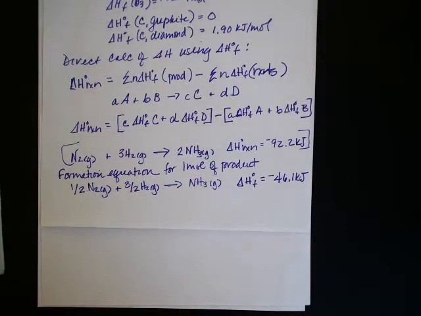And that's going to be important when we introduce the next way to calculate delta H, and that is using Hess's law. So if you recall, we talked about state functions, correct? What does that mean?